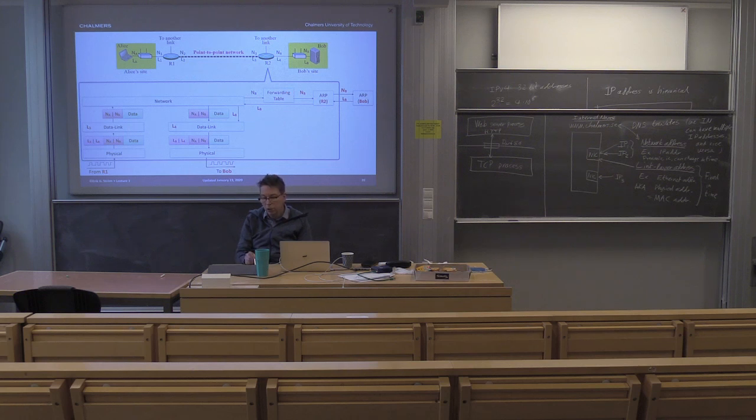So it's actually virtual communication here. It's the same across this boundary here, but it's different across this boundary. And for sure it's different across this boundary. But what goes in and out from the network layer is exactly the same.